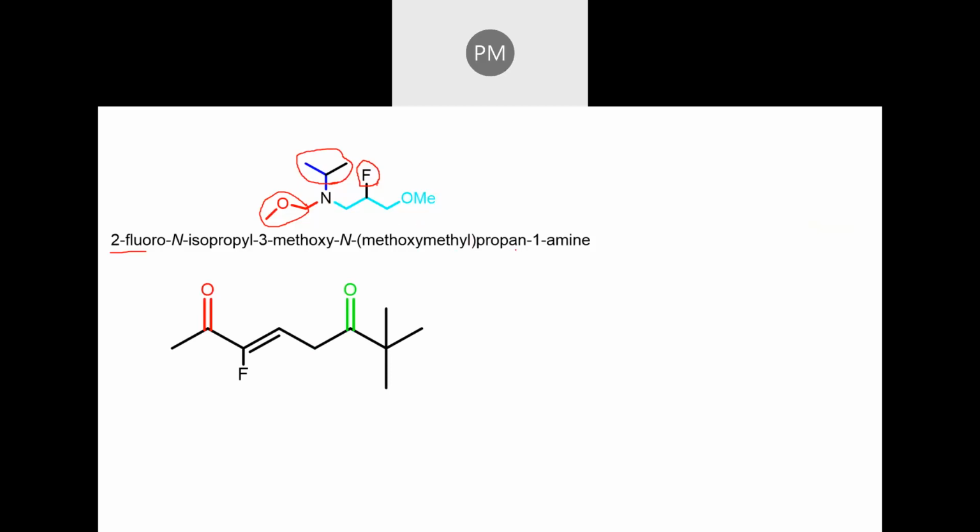Next, in this molecule, there is a fluoro. You have to find out whether this molecule is E or Z. E means the molecule will be trans, Z means the molecule will be cis. We have to find out on which side the highest priority is present.